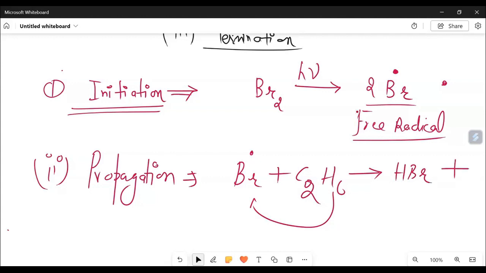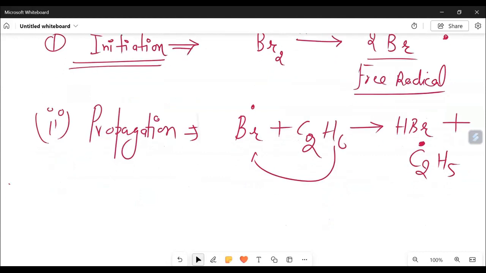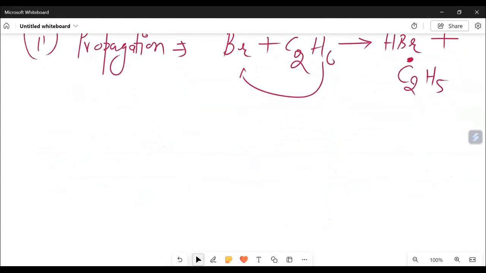Since one H is gone, what remains is C2H5 dot. Why are we writing a dot here? Because H is gone with its electron. So what is left here? C2H5 dot.